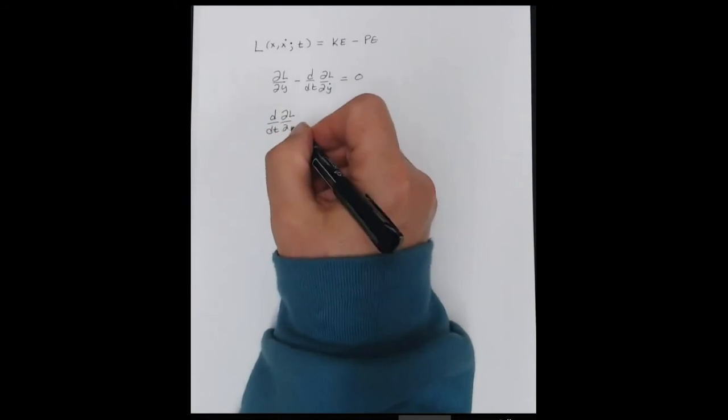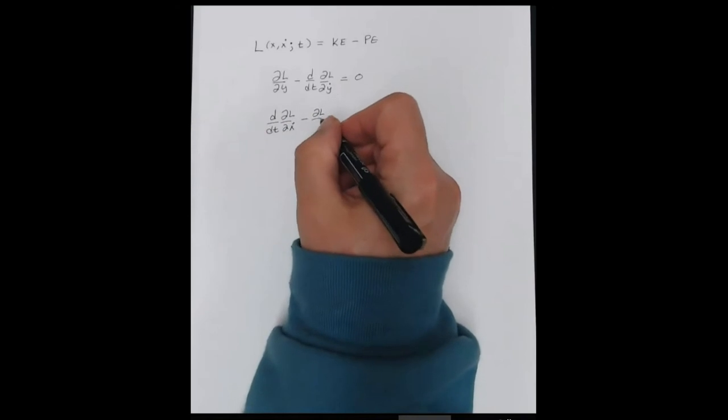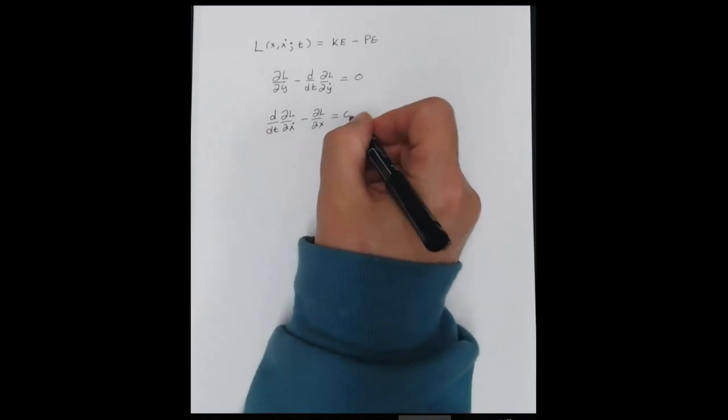Let me use x instead of y here. Okay, so what we do is we try to identify the kinetic energy, potential energy for our system. We write down the Lagrangian and then Lagrange's equation and see if we can solve for the acceleration.